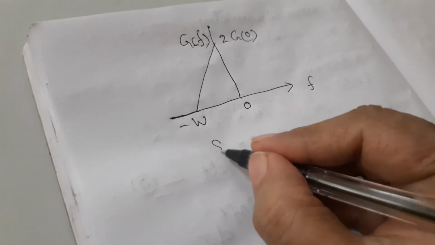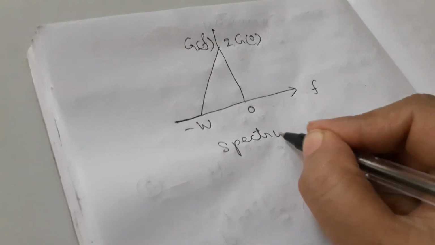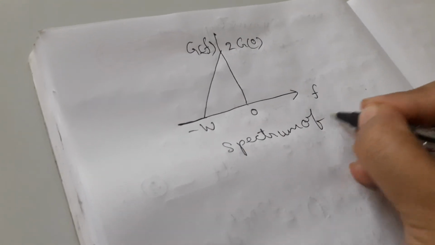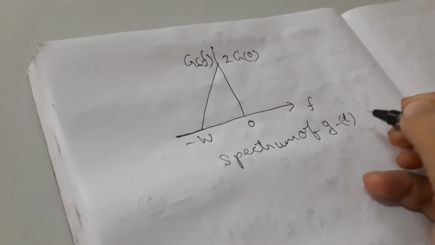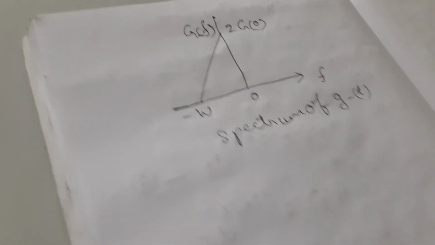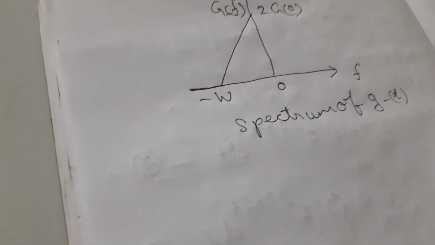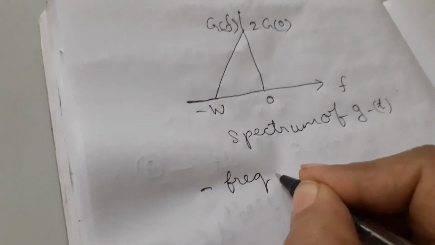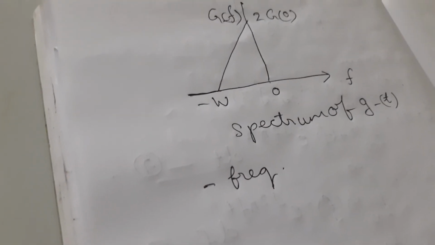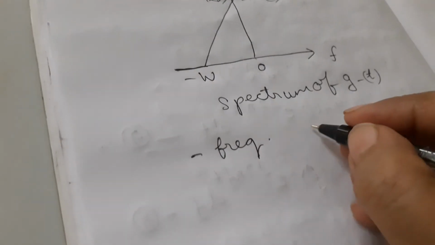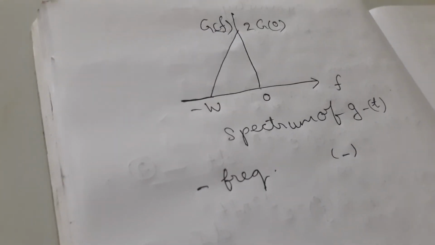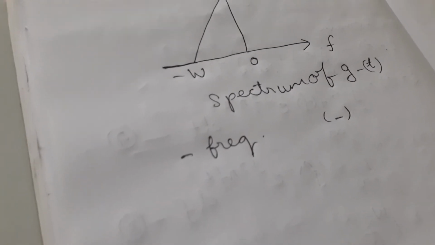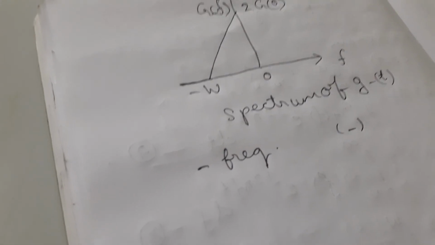So this is a spectrum of g minus of t. From this figure we find that the spectrum of g minus of t is non-zero only for negative frequencies, and this justifies the reason for putting the suffix minus for the negative pre-envelope g minus of t.